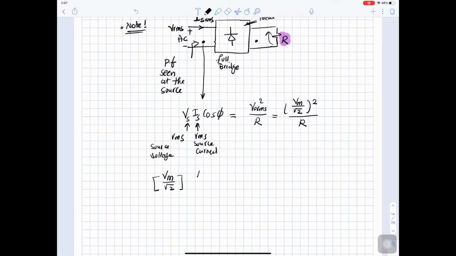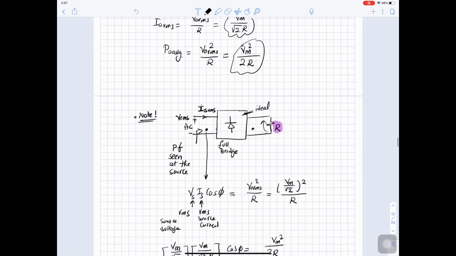I RMS is V maximum divided by root 2 R. Cos phi equals V max squared divided by 2R. So you can see that cos phi equals 1, or the power factor equals 1. Okay. So we have a unity power factor.